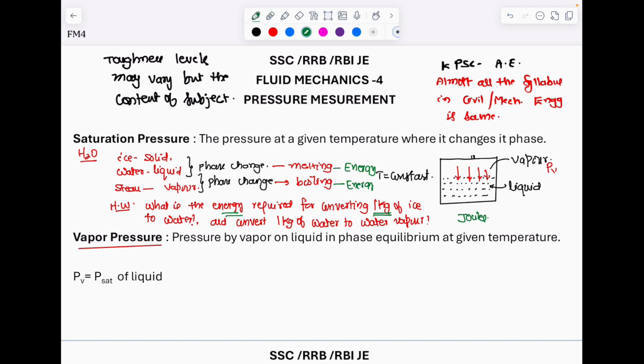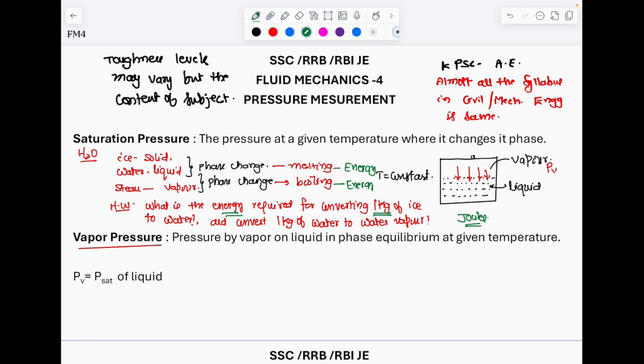Please read the books, find these values and note them down in your notebook along with the notes you are preparing with me. This is also a very, very important thing which you are required to know.